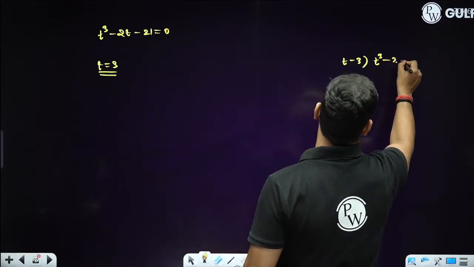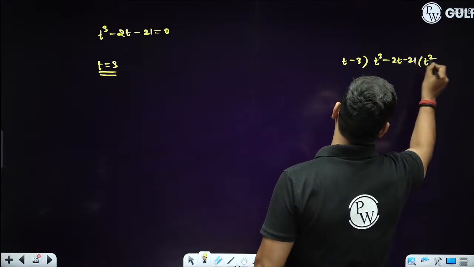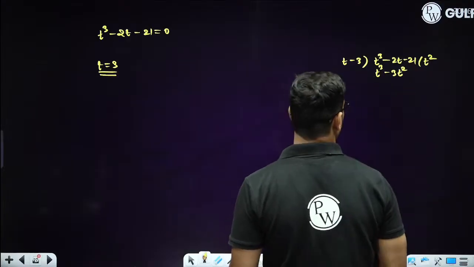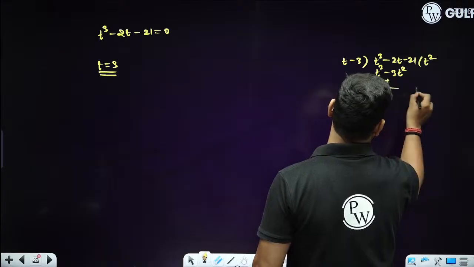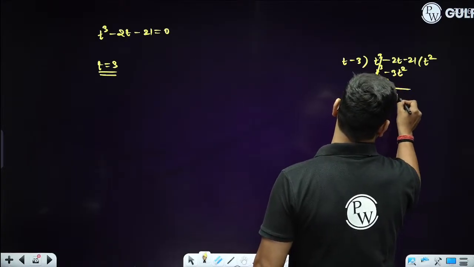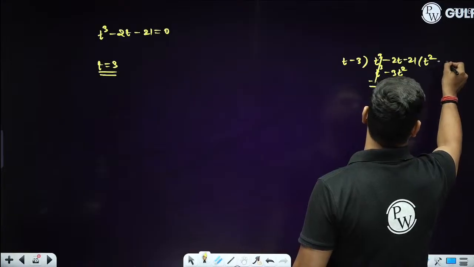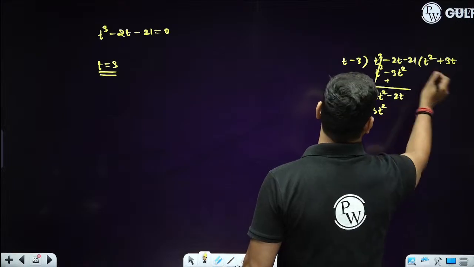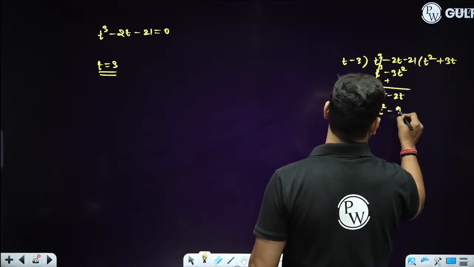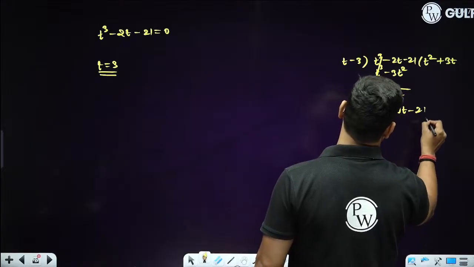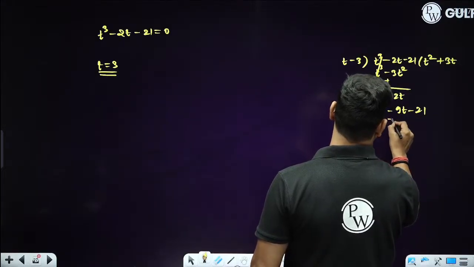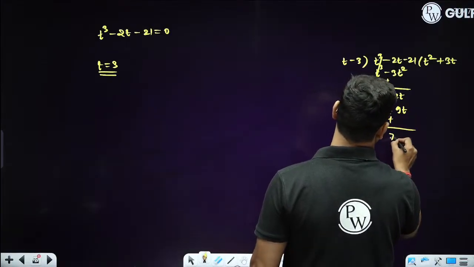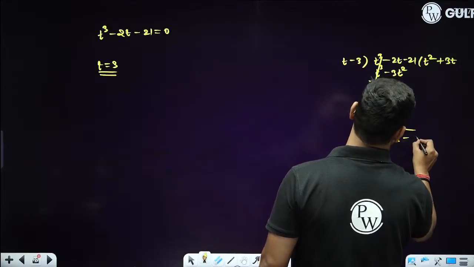We all know, if you don't know, you just have to divide. T cube minus 2T minus 21: T square, T cube minus 3T square, then plus 3T square minus 2T, plus 3T, then 3T square, then minus 9T, this is gone, so we have 7T and minus 21.